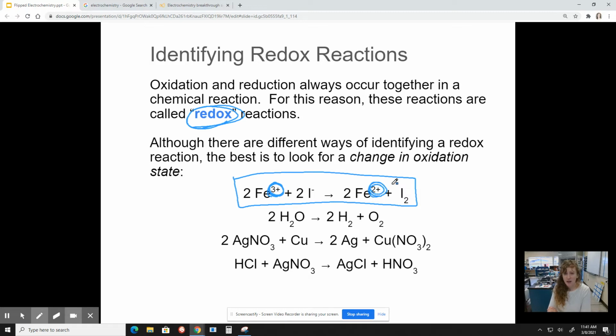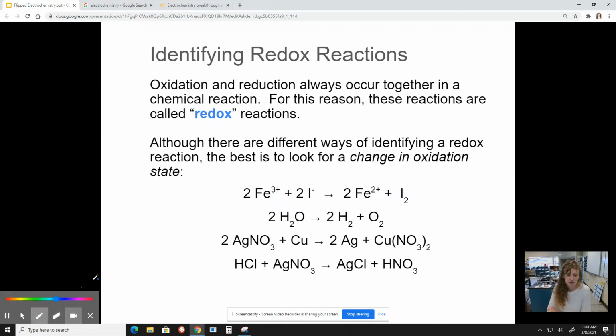Obviously, that's going to have to be because of a gain or a loss of electrons. In this case, if we're going from a 3 plus to a 2 plus, iron has gained 1 electron, right? So that one's pretty obvious. Of course, that's going to be a redox reaction. We have an obvious gain in electrons.